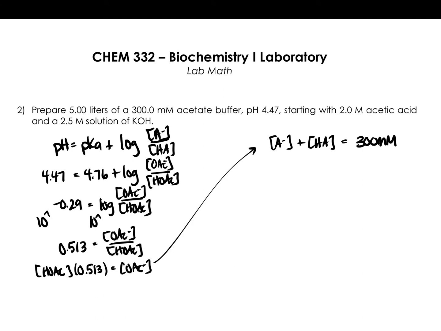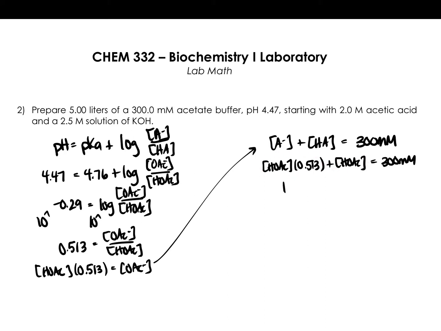So again, I'm going to have HOAc times 0.513 plus HOAc equals 300 millimolar. Again, remembering that this is really like 0.513x plus 1x.